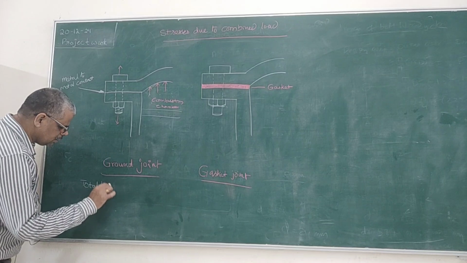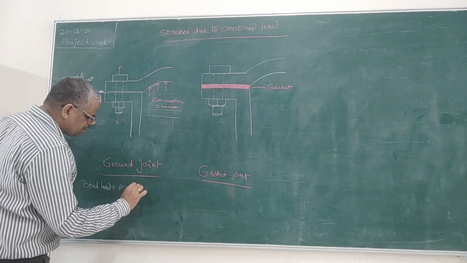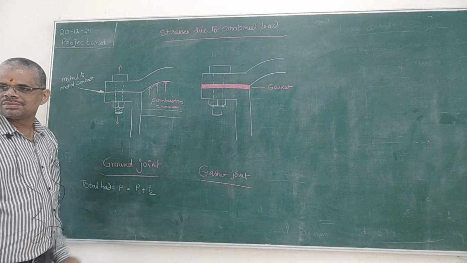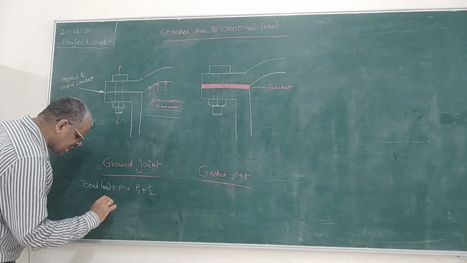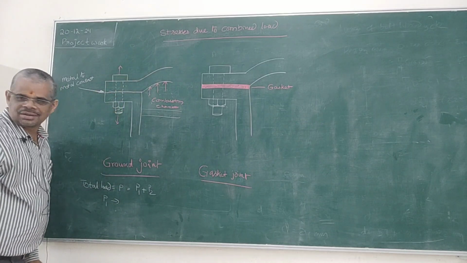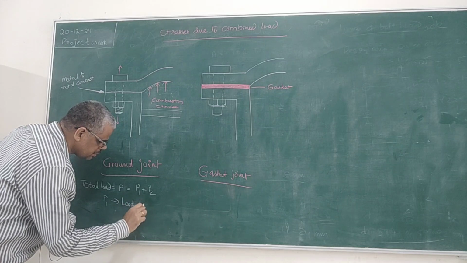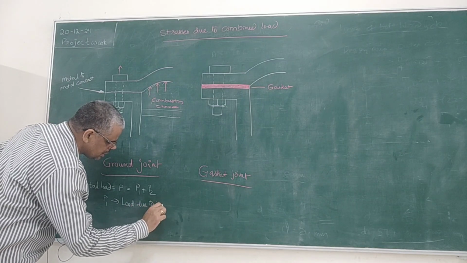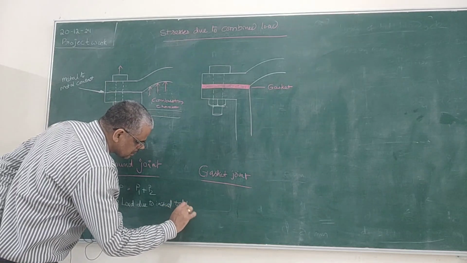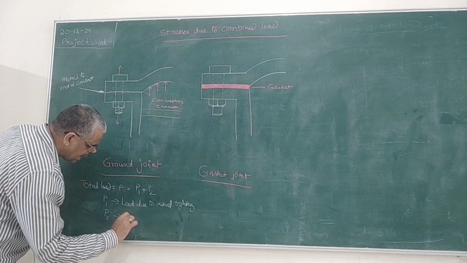Total load, that is P. This P is equal to the sum of P1 plus P2. What is P1 here? It is the load due to initial tightening. And P2 is the external load.